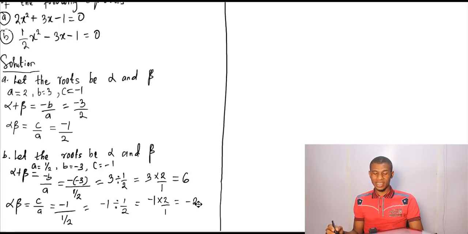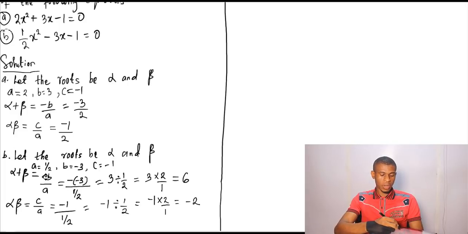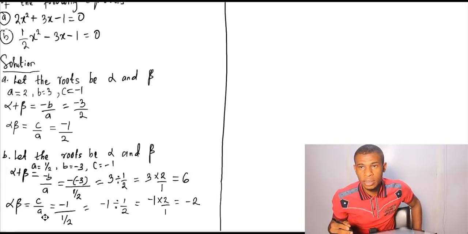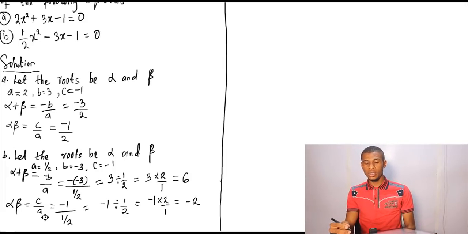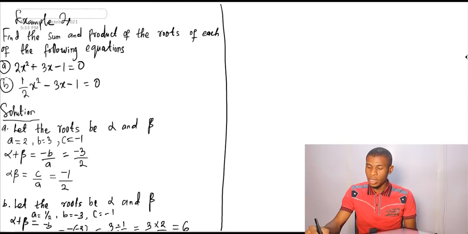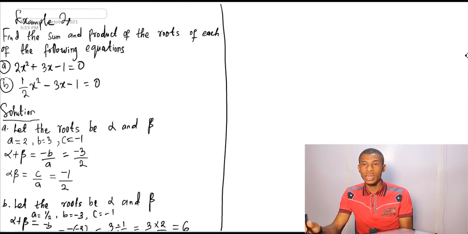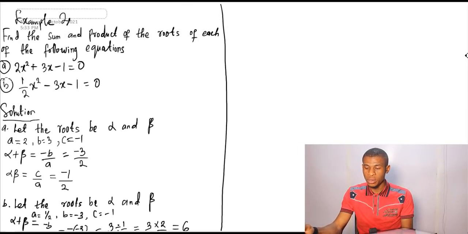Very simple, right? So to get the sum of roots, it is equivalent to the formula minus b over a. To get the product of roots, it's equivalent to c over a. A, b, and c are the coefficients of the general form of a quadratic equation.